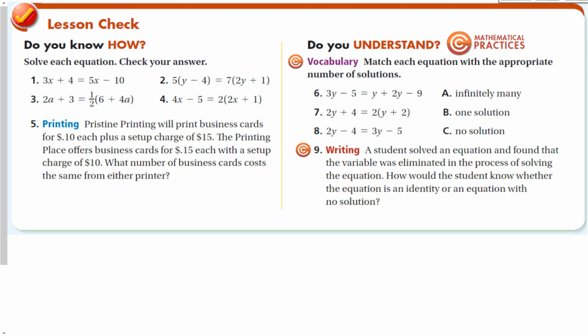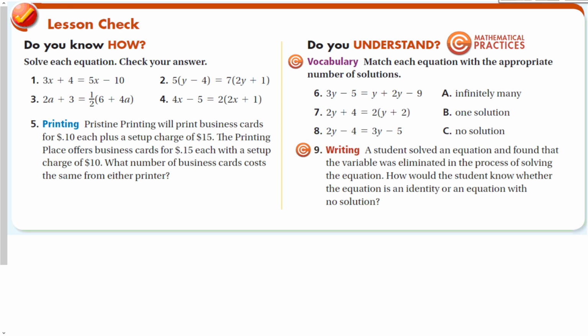Okay, a word problem like we had before. Pristine Painting will print business cards for 10 cents each, plus a setup charge of 15 bucks. The printing place offers business cards for 15 cents each with a setup charge of $10. What number of business cards cost the same from each printer?